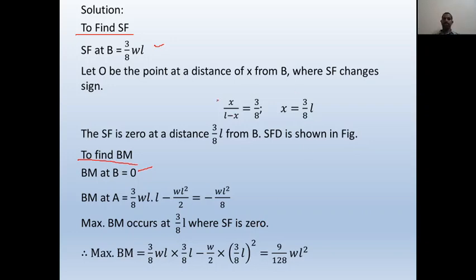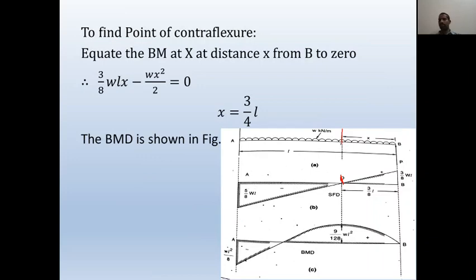From the shear force and bending moment chapter, by this time we must clearly know that at the point where shear force is 0, the bending moment will be maximum. Therefore, we can substitute x value as 3 by 8 times L in the generalized bending moment equation. Exactly over here, how to calculate bending moment? Simply P multiplied by this distance x minus W into x square by 2.